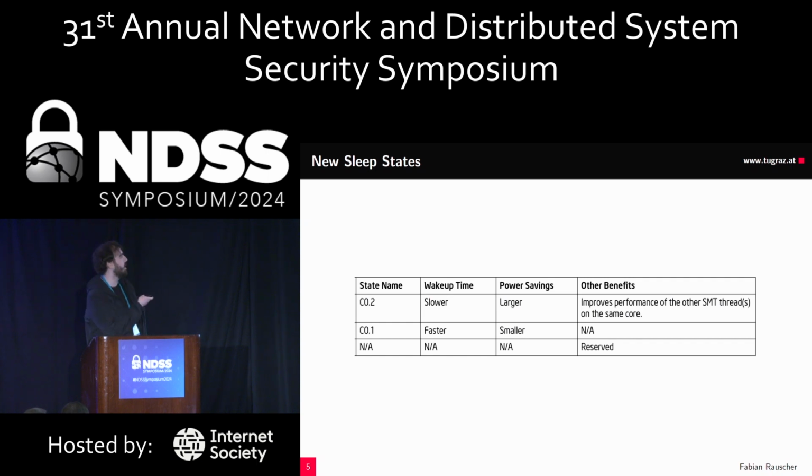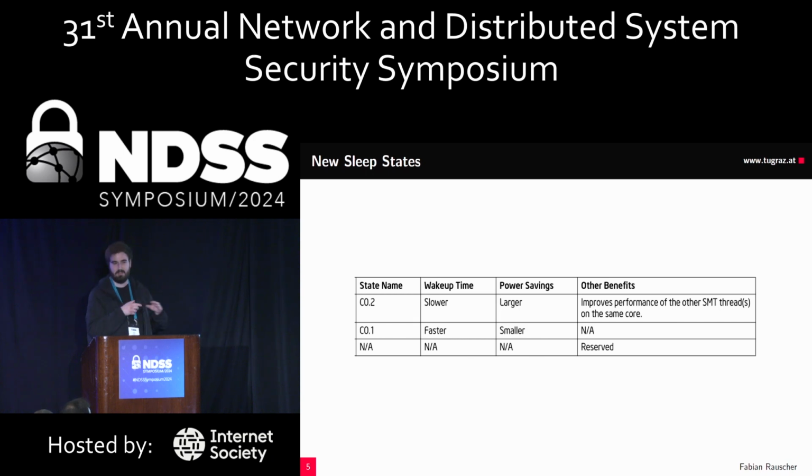Those are C0.1 and C0.2. C0.1 is a lighter sleep state with faster wake-up times and smaller power savings, and C0.2 has slower wake-up times and larger power savings. Also, this last part here: it improves the performance of other SMT threads on the same core.